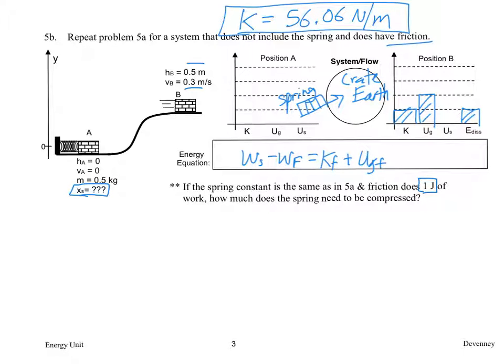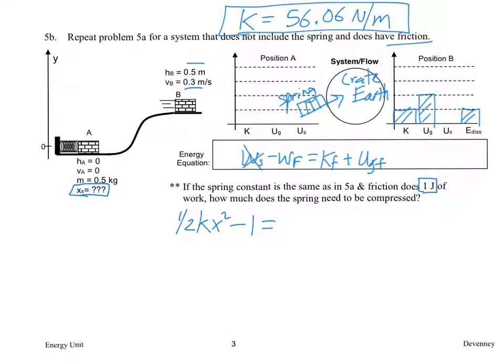So notice here that our spring isn't in our system. Well, we're going to have to put the spring in the system if we're going to solve for the 1/2 kx squared. So instead of doing work by the spring, we're going back to our 1/2 kx squared. Right, the negative work done by friction was 1 joule.